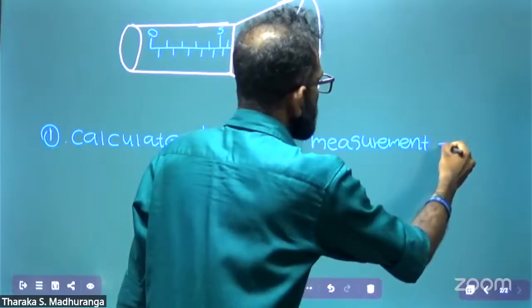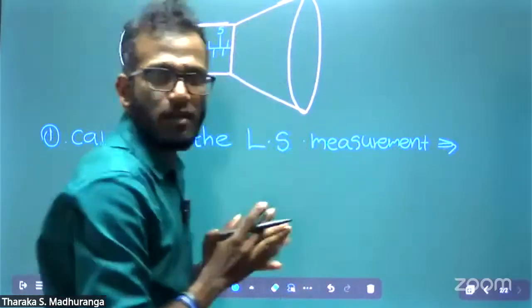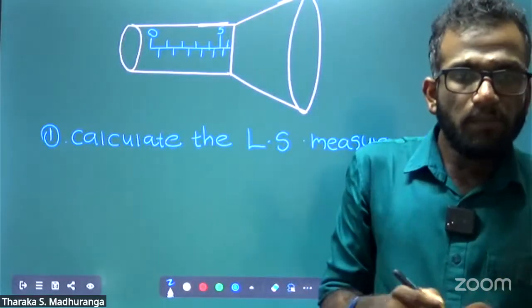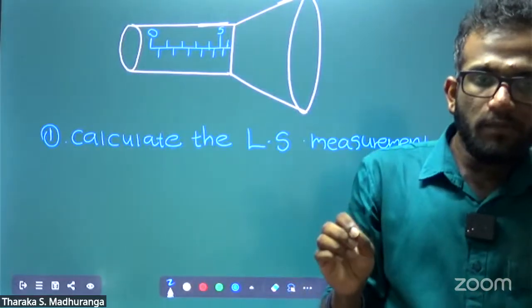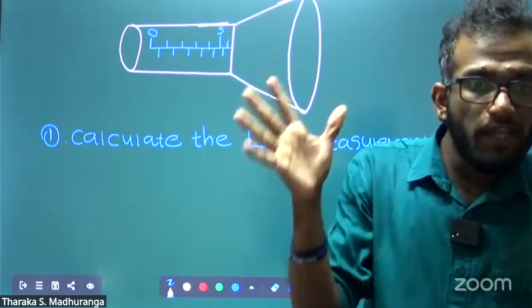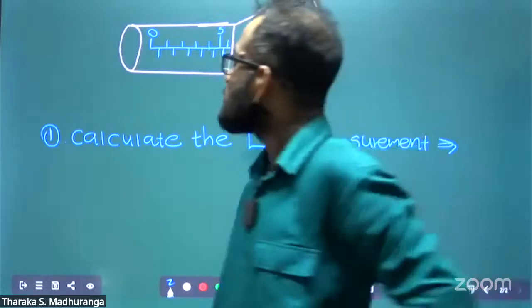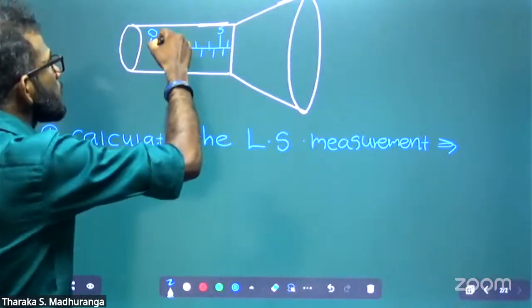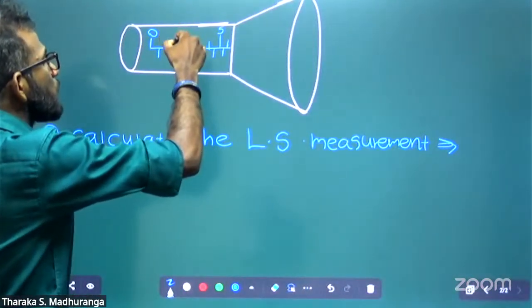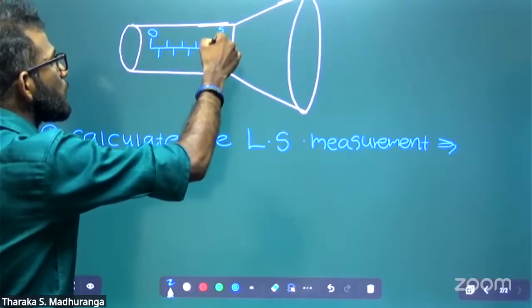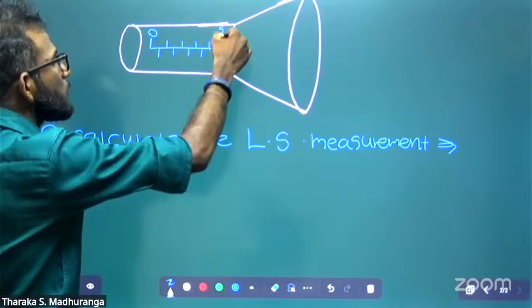Okay, in this given figure, what is the linear scale measurement? Always remember, as the linear scale measurement, we just need to get the final value that we can see in the linear scale. How can you get this? 0, 0.5, 1, 1.5, 2, 2.5, 3, 3.5, 4, 4.5, 5, 5.5, 6.